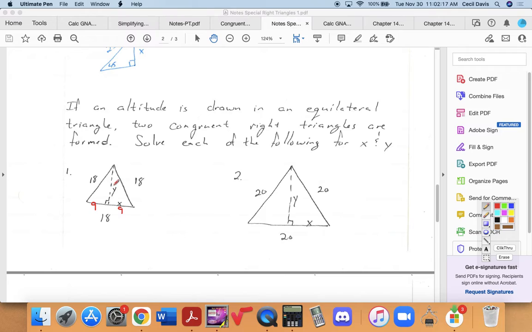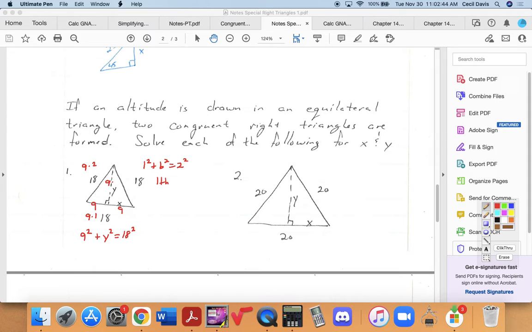I can do the Pythagorean theorem to find y. Let's see, that would be 9 squared plus y squared is 18 squared. Oh, you know what? I don't want to do that. This is 9 times 2, right? And 9 times 1, so this is going to be 9 times something. 1 squared plus b squared equals 2 squared.